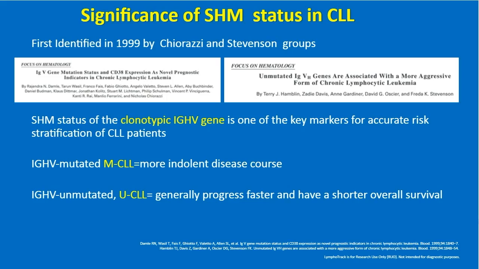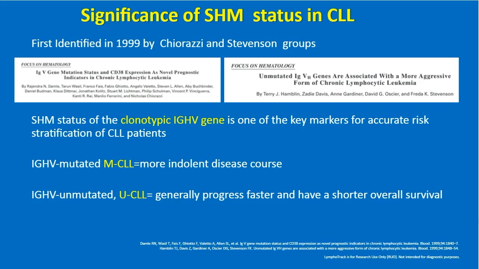It is more of an indolent disease course, versus if the patient has an unmutated status, the disease progresses faster and has shorter overall survival. This was a landmark study.